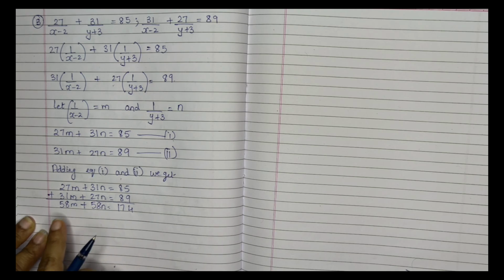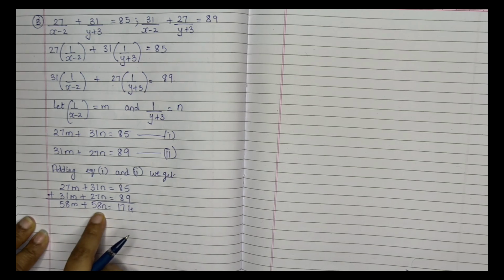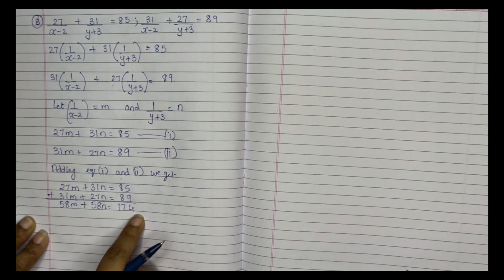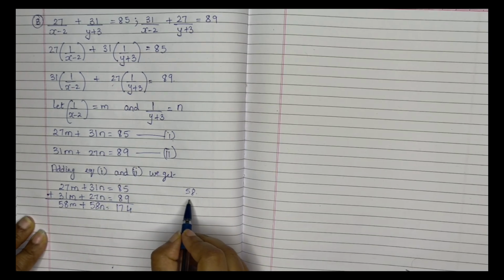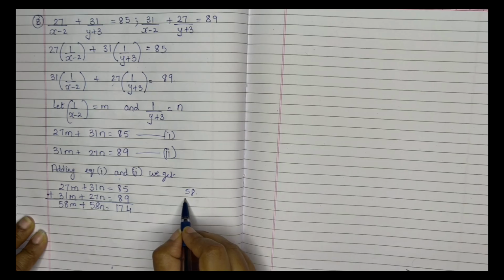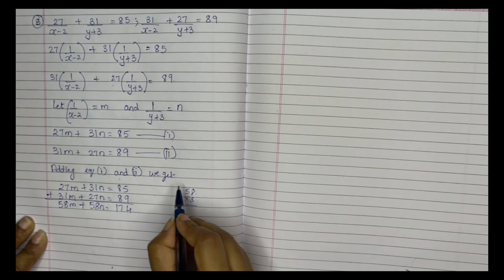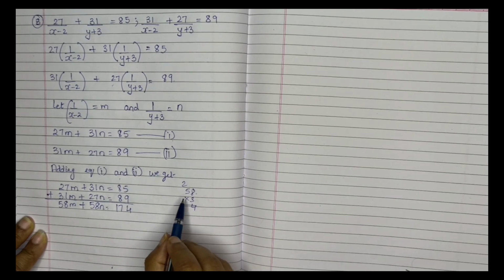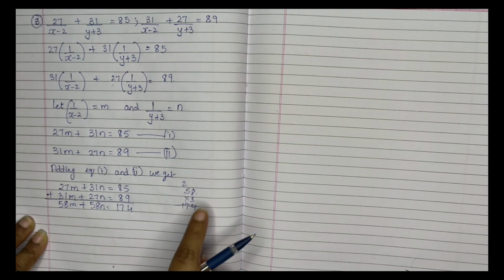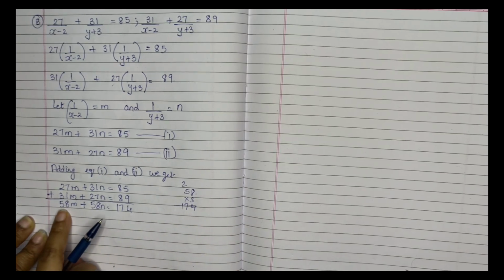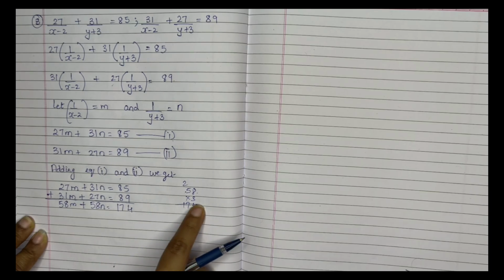Now see here we got 58m plus 58n equal to 174. Okay, so 174 is divisible by 58. 58 3s are 174.